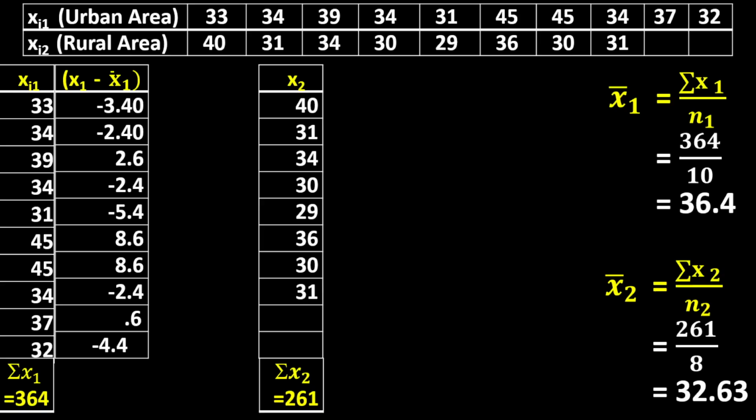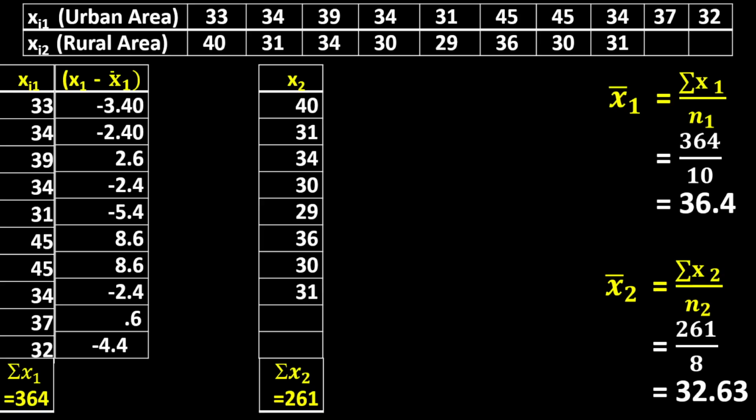In this way, from each observation of urban area, the mean of urban area is deducted, and it will be written in the column one by one, and we will get the deviations in this way. These are the deviations taken from the mean of the observations of urban area.